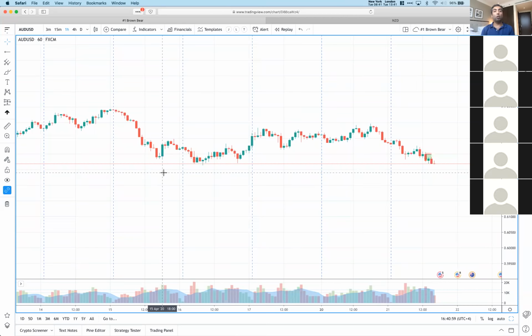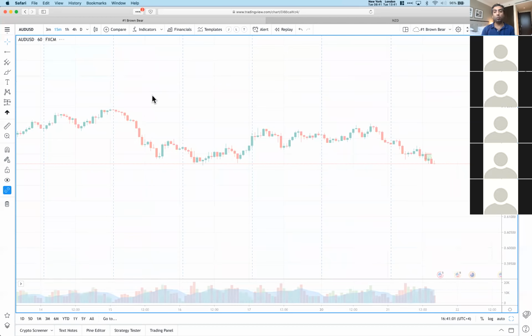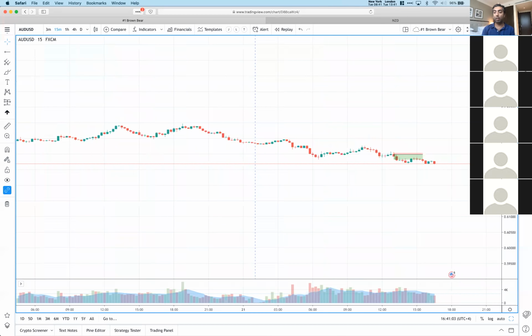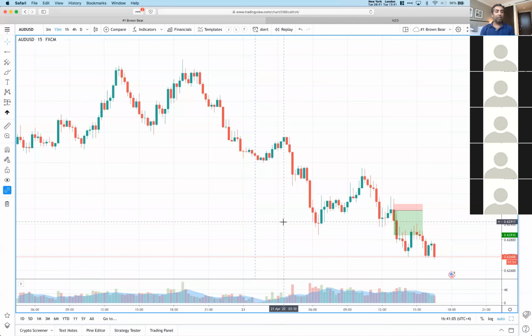Okay, so AUD/USD, let's have a look. Let me go down to the 15 minutes. Let me open up my charts. Now, can you tell me this guy over here, what kind of candlestick pattern is that? Inverted hammer. Okay, inverted hammer.